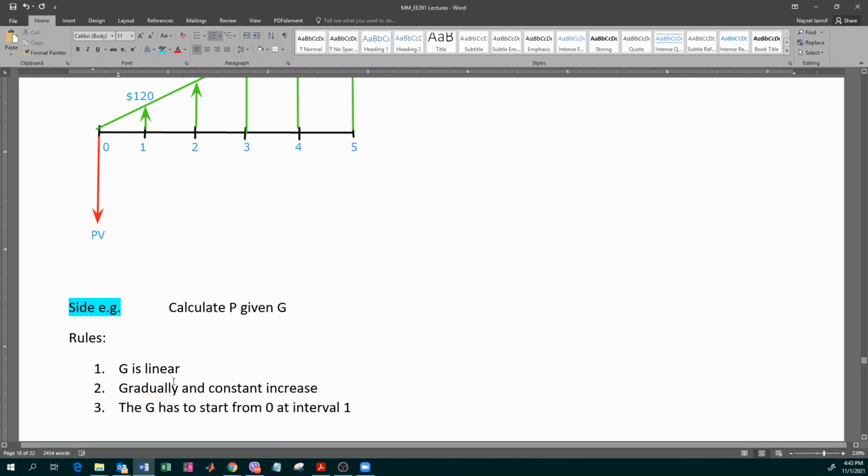It has to be linear, and it has to gradually and constantly increase or decrease, and it has to start from $0 at interval 1. These are the three rules, guys.